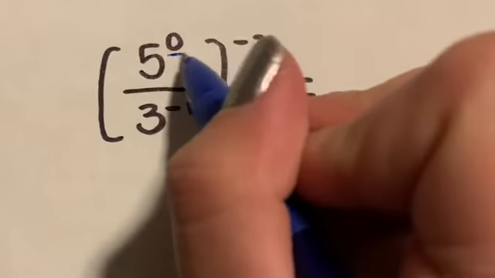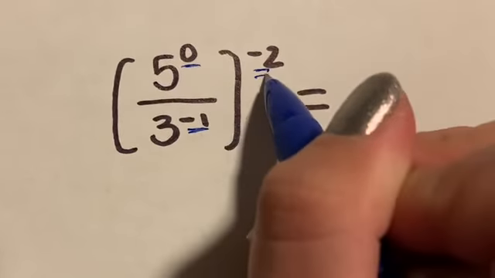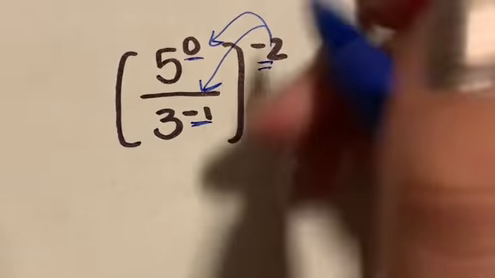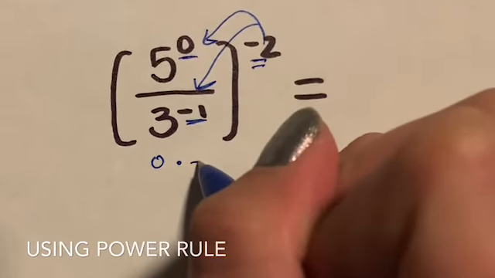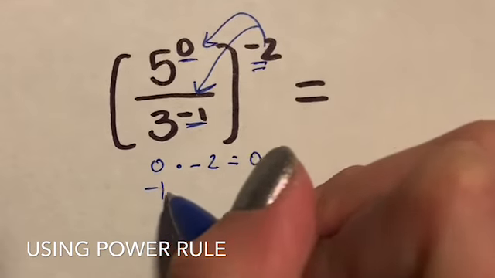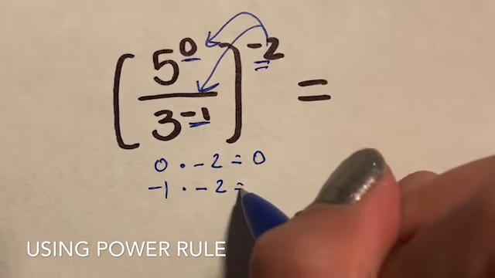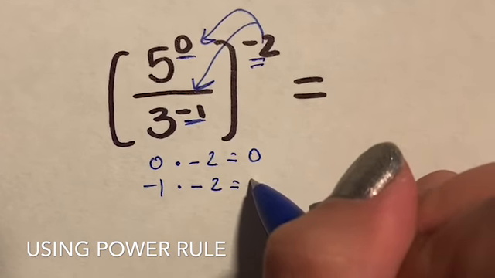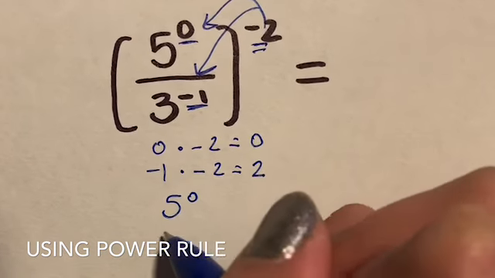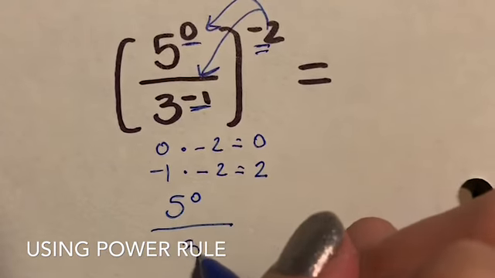This is the zero exponent rule. So you would distribute the outside exponent, which is using the power rule. So 0 times -2 is 0, while -1 times -2, double negative makes a +2. You would rewrite your problem with the new exponents.